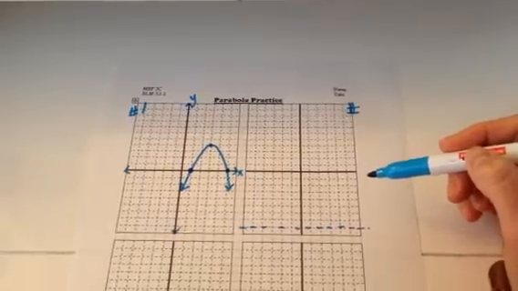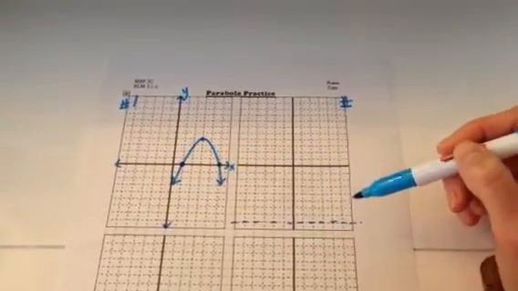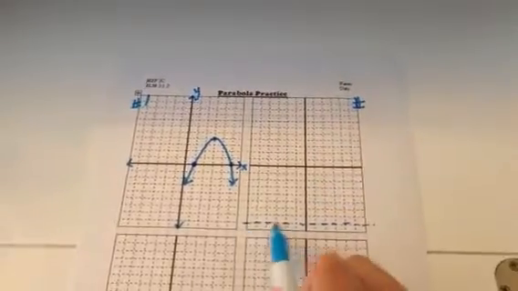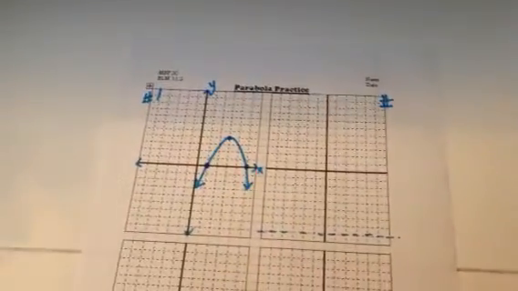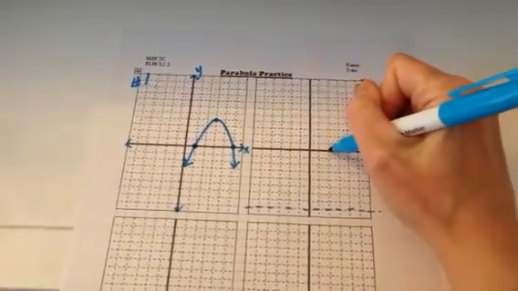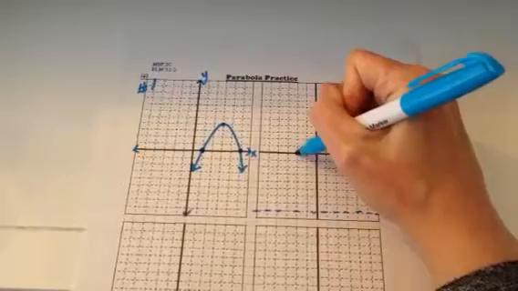The minimum value usually means that's where the vertex is, so the vertex is going to lie somewhere along this line. It also tells us that we have two zeros, or two x-intercepts, one at 2 and one at -2.